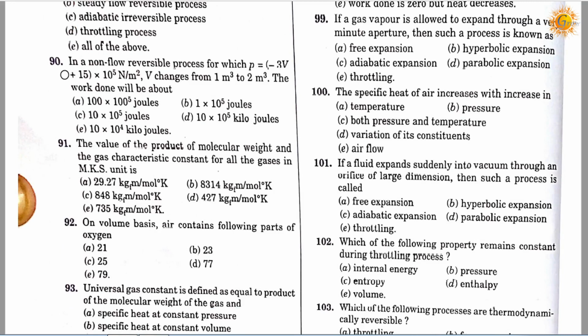Question number 90. In a non-flow reversible process for which P is equal to minus 3 volt plus 15 into 10 the power 5 Newton per meter square, and V changes from 1 meter cube to 2 meter cube, the work done will be about option A 100 into 10 the power 5 joules, option B 1 into 10 the power 5 joules, option C 10 into 10 the power 5 joules, and D 10 into 10 to the power 5 kilojoules.